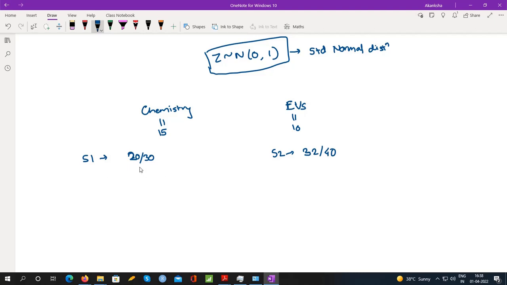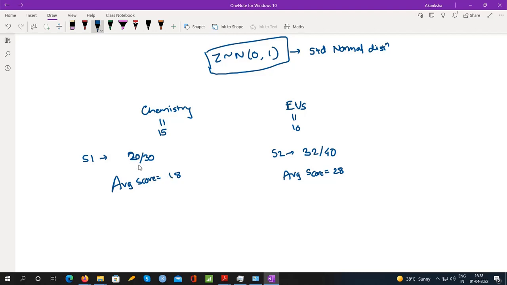So what I will do is check the mean score in the chemistry test. Suppose the average score in this test is 18, and the average score here is 28. Then I won't stop at average, because the totals are different.